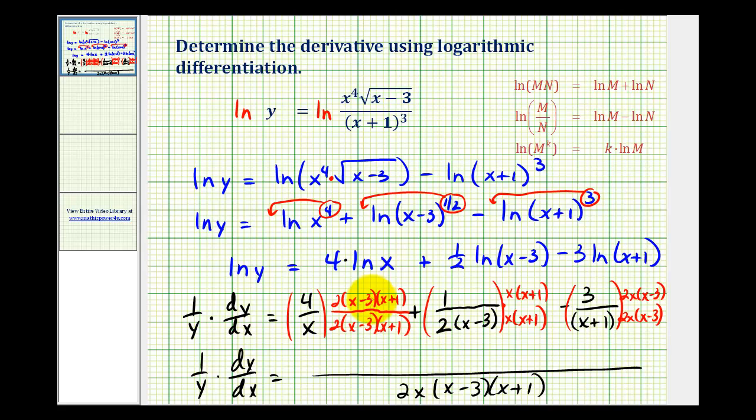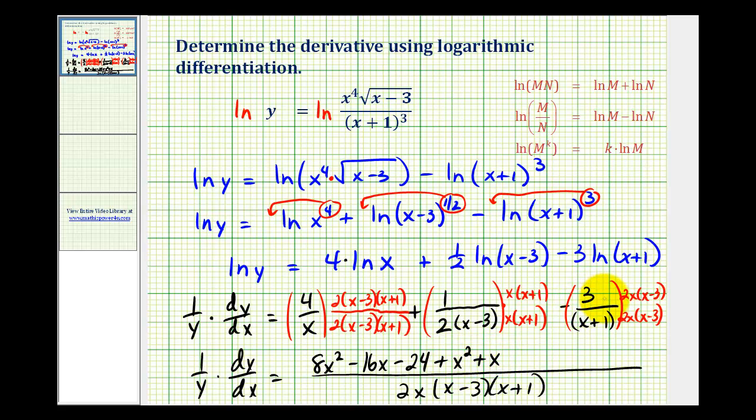Now we'll multiply these two binomials and then multiply that by 8. So x times x is x squared times 8, that's 8x squared. Then we'll have plus x minus 2x, that's minus 2x times 8, it's minus 16x. Then we have negative 3 times 1, that's negative 3 times 8, so we'll have minus 24. Here we're going to have x squared plus x.